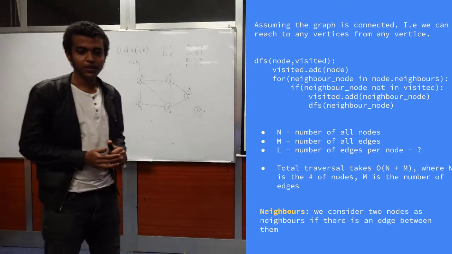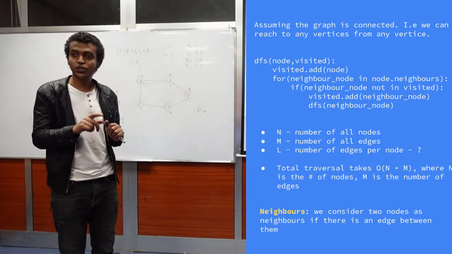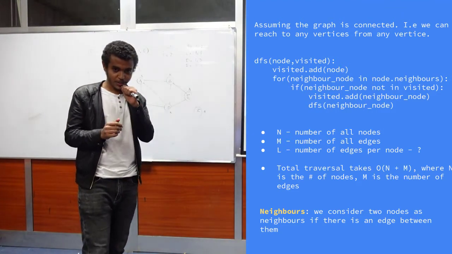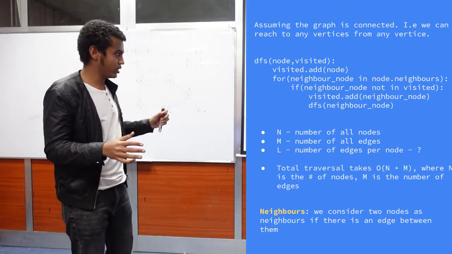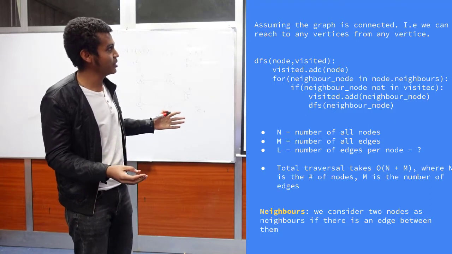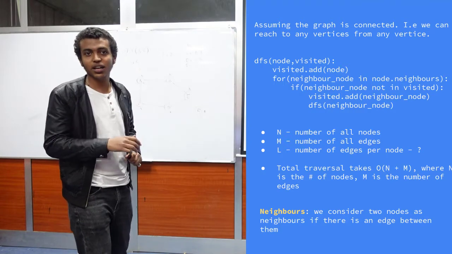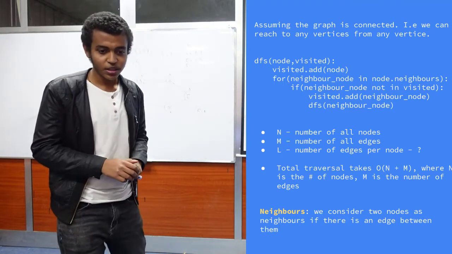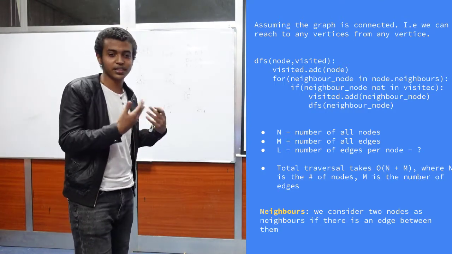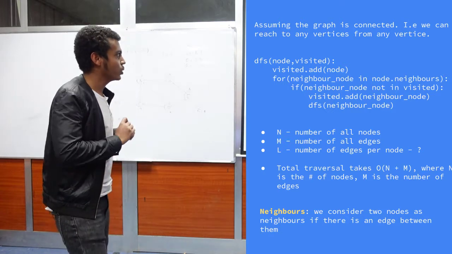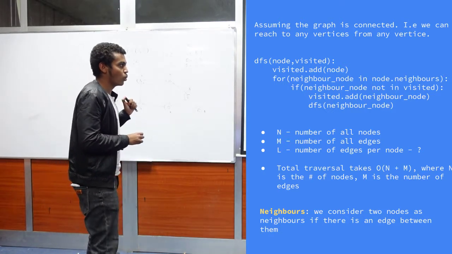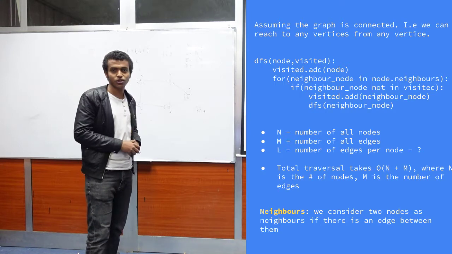So let's assume that the graph is connected in some way. That means you can reach any vertex starting from any other vertex. In order to traverse that graph, you would choose one vertex or node and then call the DFS function on it.